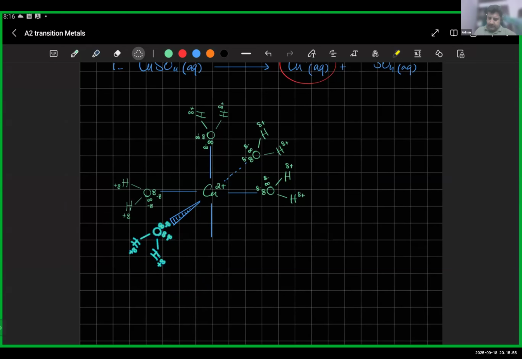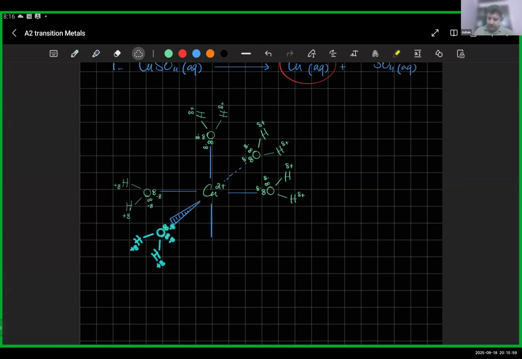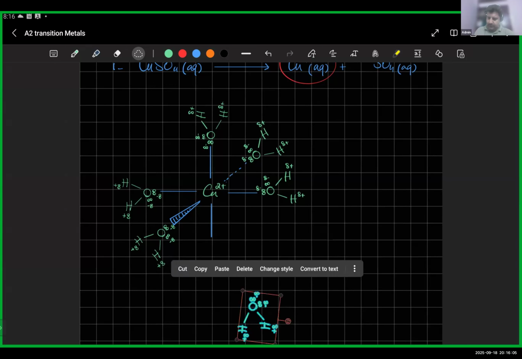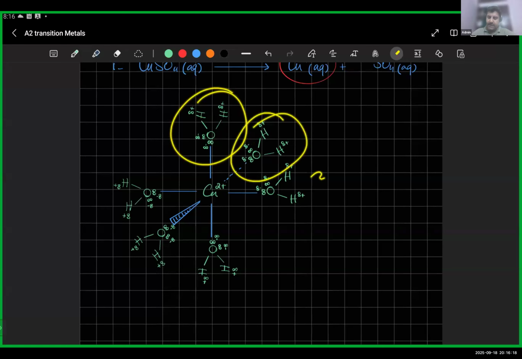So here's another. And then you have the last water molecule floating around, coming in and sticking to this copper ion. So the copper is completely surrounded by water molecules. The water molecules are not just roaming around the copper ions. It's not just aqueous ions. They are forming strong dative bonds with this copper 2+ ion in the middle.